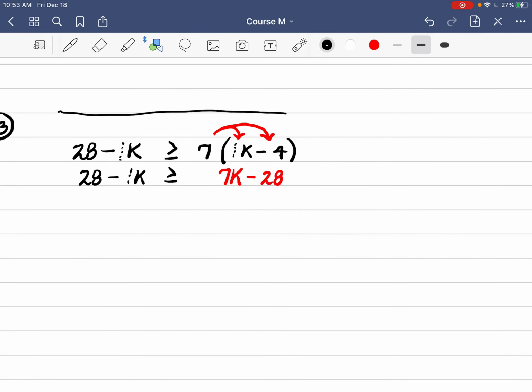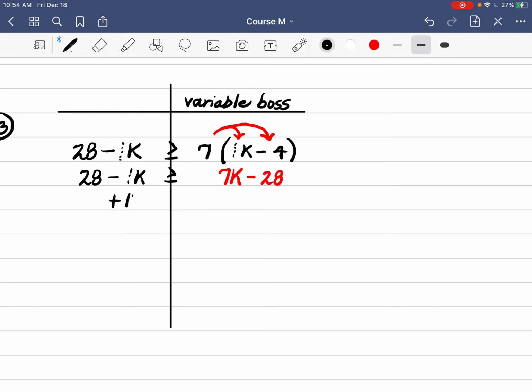And now that the parentheses are gone, I can draw the power T. So I have a 7k and a 1k. The 7k is my boss. So let's go ahead and move the 1k. Let's take plus 1k and plus 1k, cancel, copy, 8k minus 28.